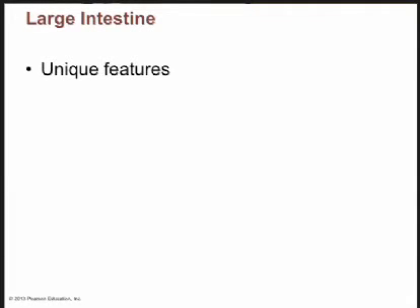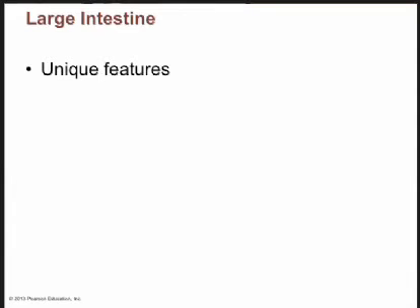The large intestine is a completely different aspect of digestion. There's not much nutrient absorption that happens in the large intestine. Primarily, what's in the large intestine are waste products, and the job of the large intestine is to adjust the fluid content of the fecal material.